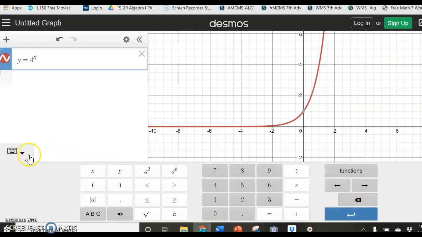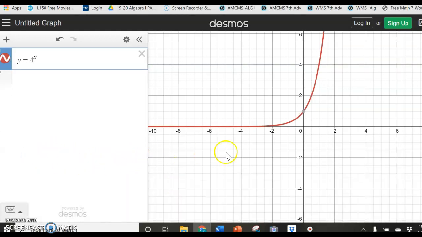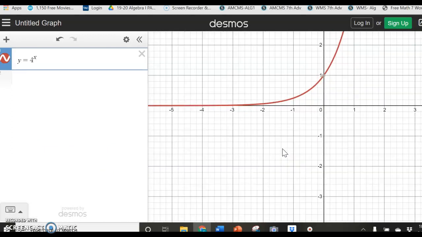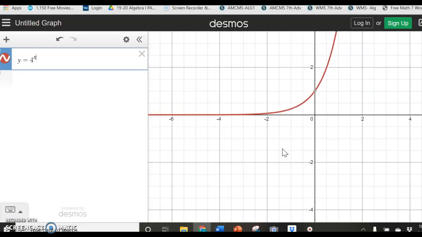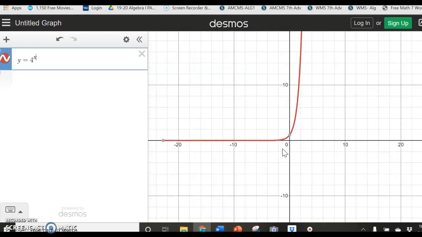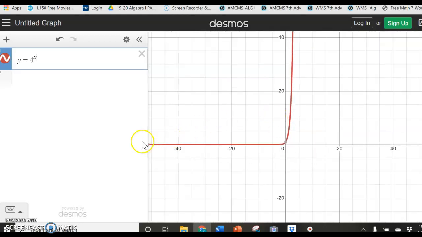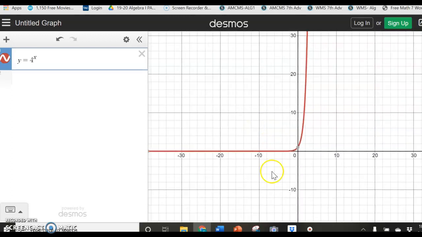I'm going to show you as I zoom in and zoom out, this graph starts here and then shoots up pretty quick. And I'm going to show you that this line, if you zoom in, never touches the x-axis.